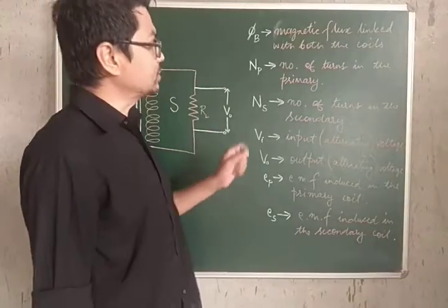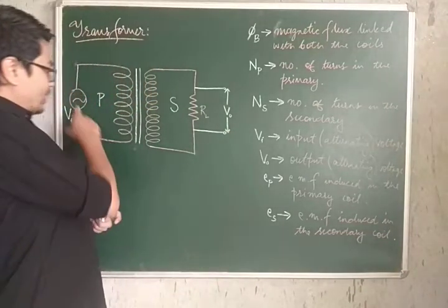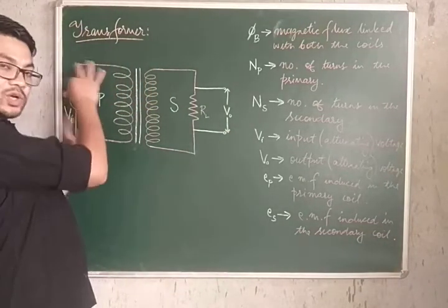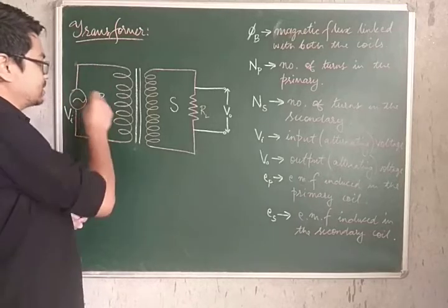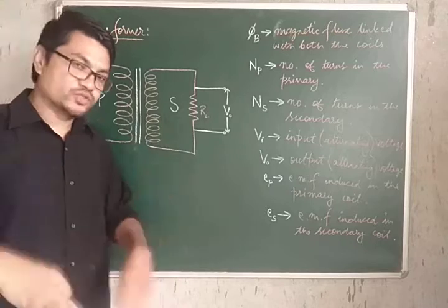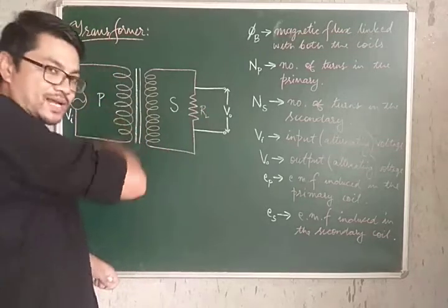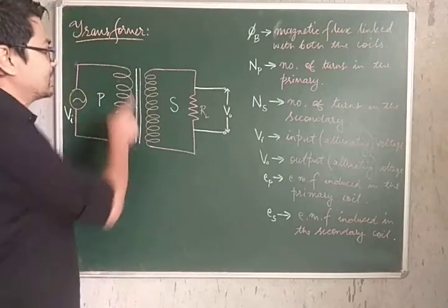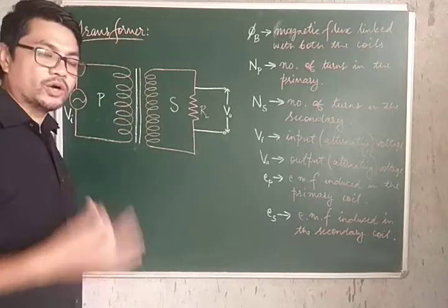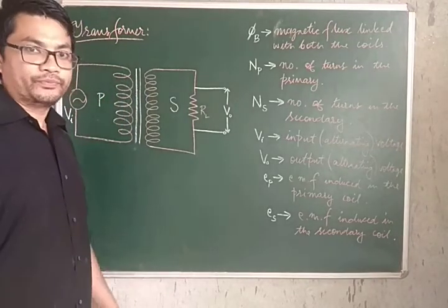Okay, so when we apply the alternating voltage Vi across the primary coil, since the value of the alternating current goes on changing, and of course changes its direction after every instant, there is magnetic flux linked with each turn of the primary coil.